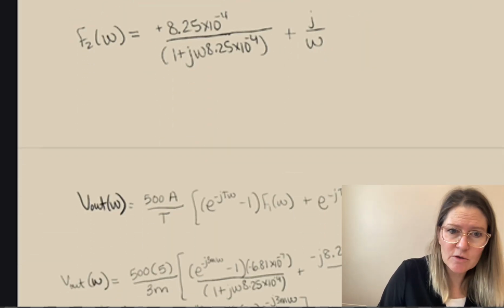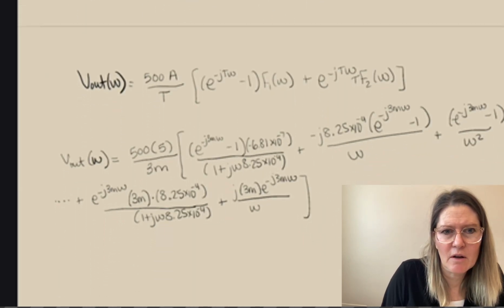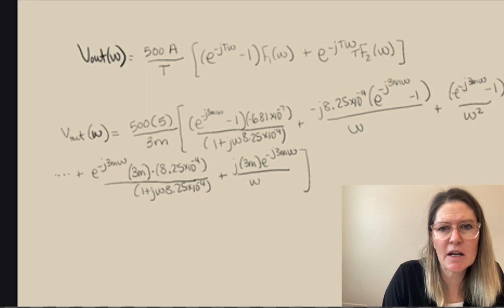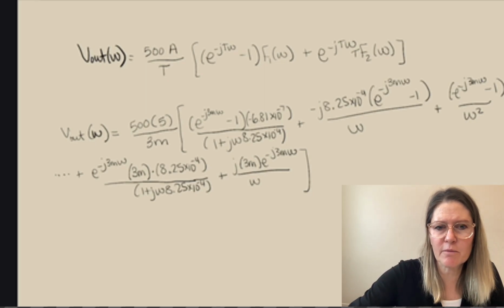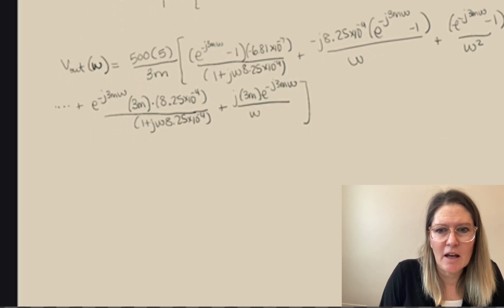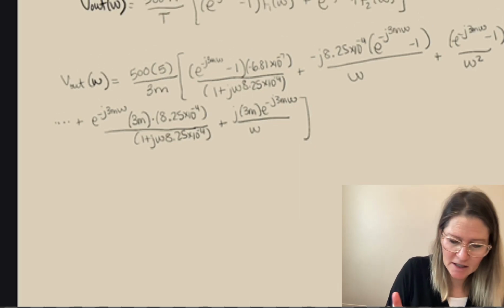If we go back to the V out equation, then I can plug in F1 of omega and F2 of omega, and it will give me this expression. You can pause this and make sure you can go back and plug these back in.